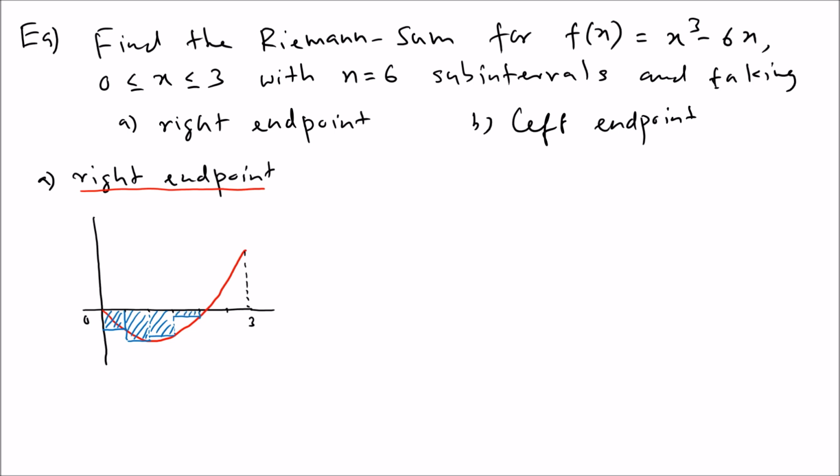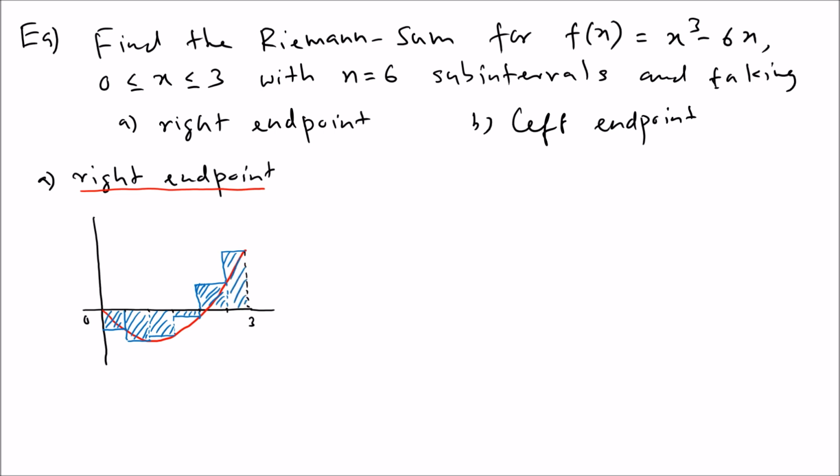You can see there's a huge error here. Pick the right endpoint for that one. That's the representative area. Do the same, that's the right endpoint. So that's the area we are looking for. That's the Riemann sum. What we try to do is find this area.